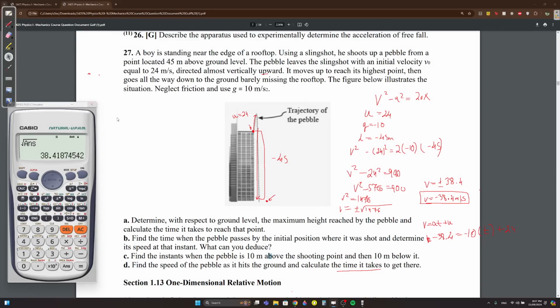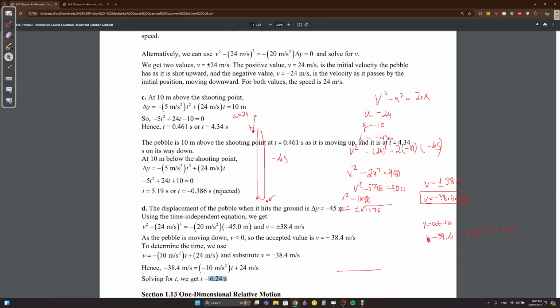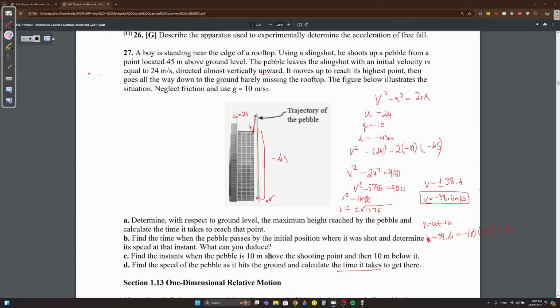You solve this, you get minus 38.4. Take the 24 to the other side, becomes minus 24. Then divide by negative 10. You get 6.24 seconds. So we're done.